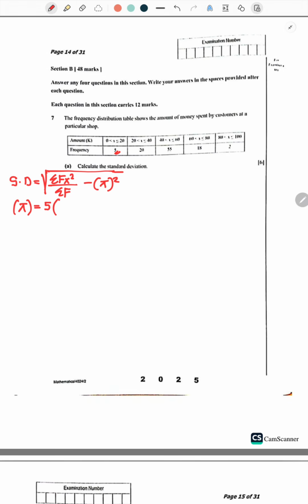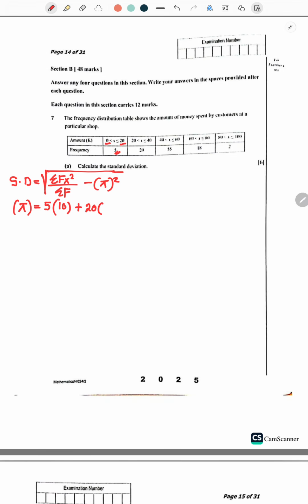The mean is going to be given by this value. You open the bracket, and then you find the midpoint. The midpoint is where you add this one and this one, then you divide by 2. So 20 plus 0 is 20, 20 divided by 2 is 10. So I'm going to put a 10 here. Plus, I go to the next one, which is 20, open bracket.